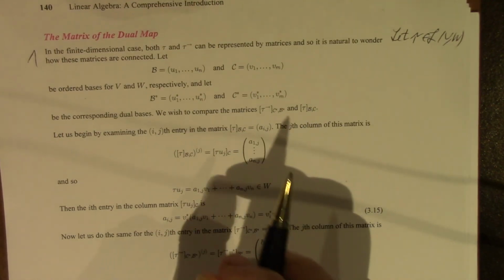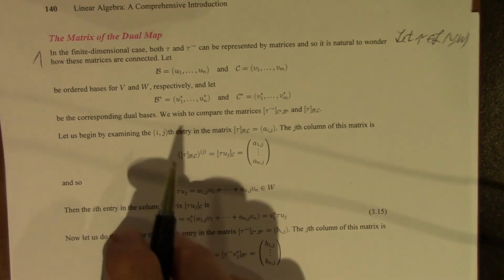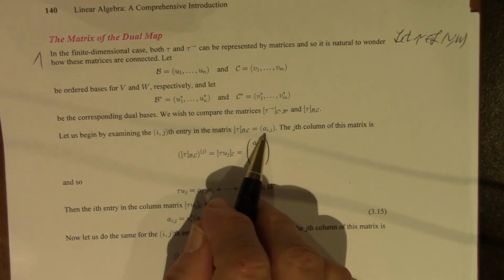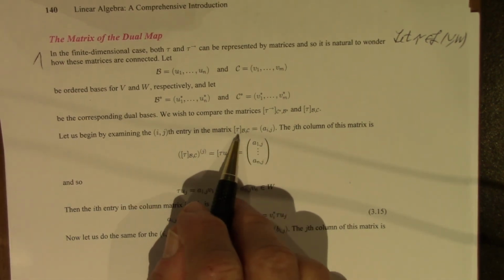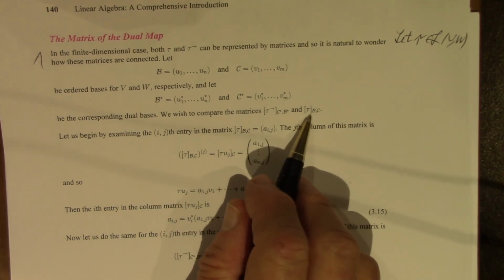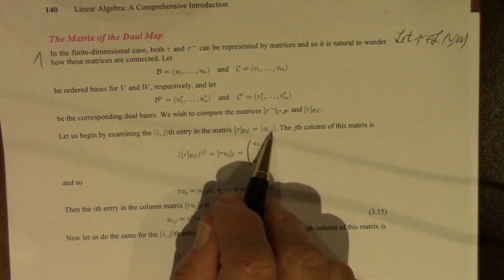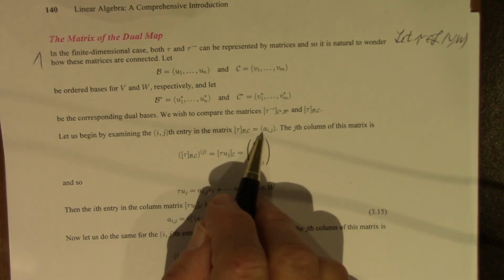So we have to pull apart these matrices. We need to examine the individual entries. We'll start with the simpler matrix that we're more comfortable with, and let's say the entries of this matrix are aij.